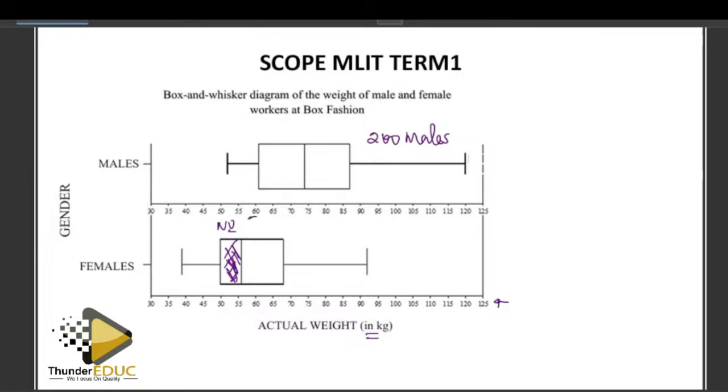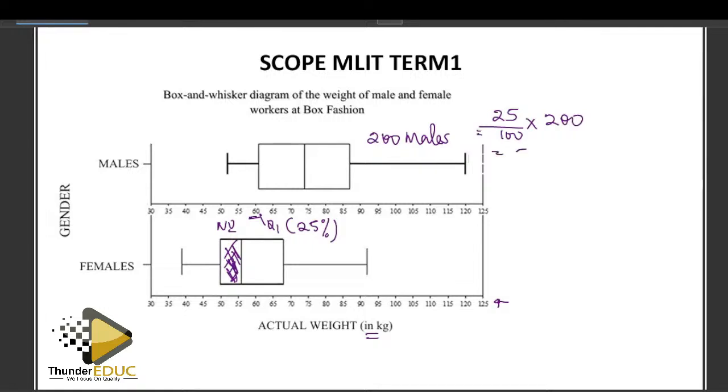Look here, 60 is under Q1. And you know very well that Q1 represents 25%. So what does it simply mean? It will mean 25% of the males that were examined scored below 60.